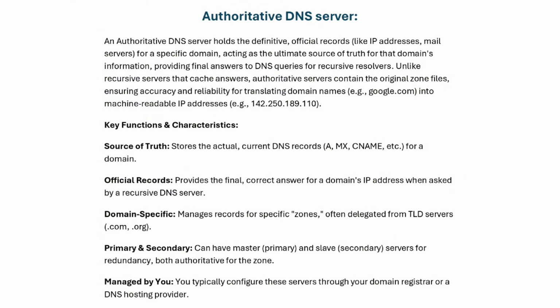So this authoritative DNS server has the exact official records for every piece of information, like IP addresses and mail servers for our specific domains. It acts like the ultimate source of truth. If the root server or TLD doesn't have accurate information, it asks the authoritative DNS server for the exact information. It refers the query.